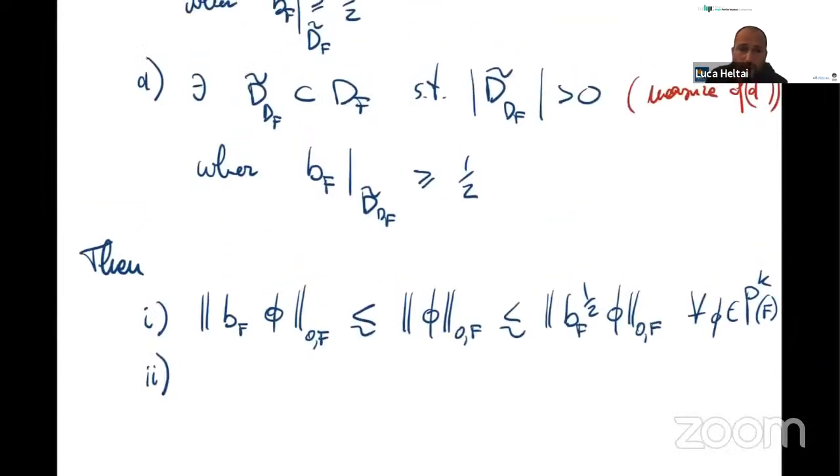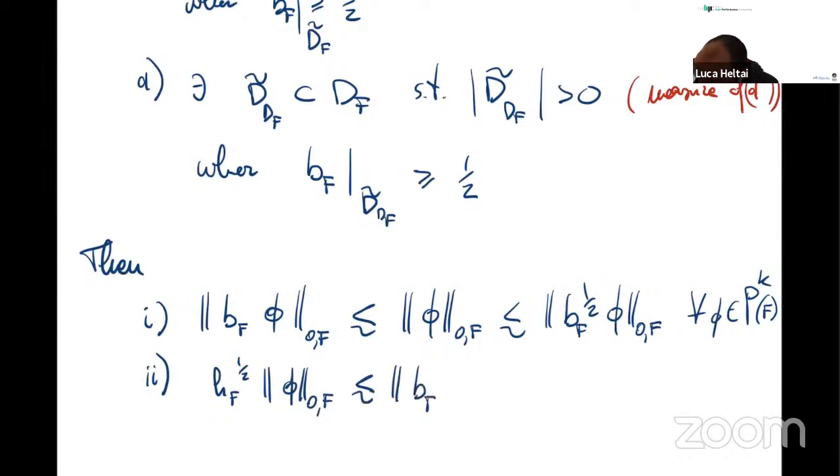The second property now makes the lifting operator appear. It's basically similar to the inverse inequality that we had before. Let me put the hF to the power 1/2 here first. So this is the norm of phi on the face. This is controlled by the norm of BF lifting operator of phi, and now this is on DF. Careful.